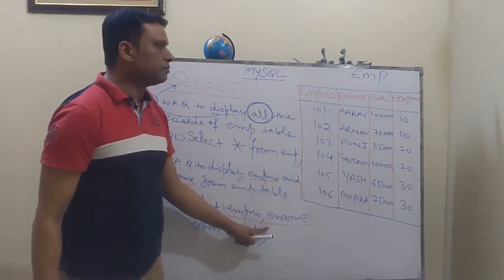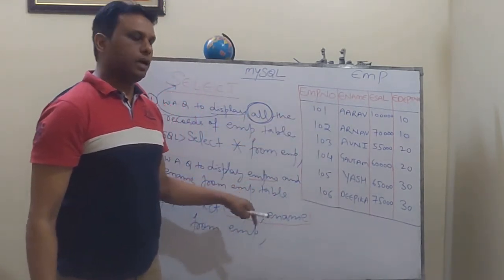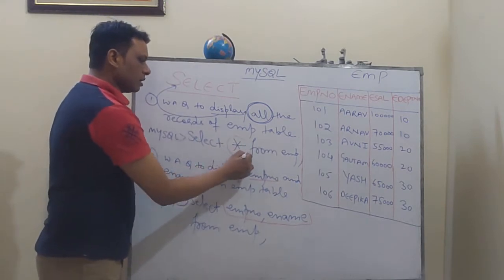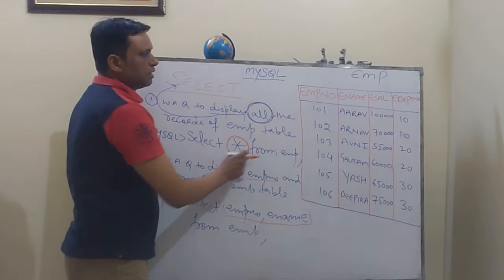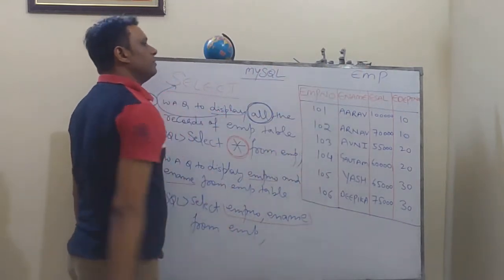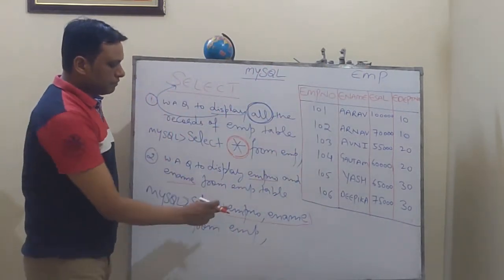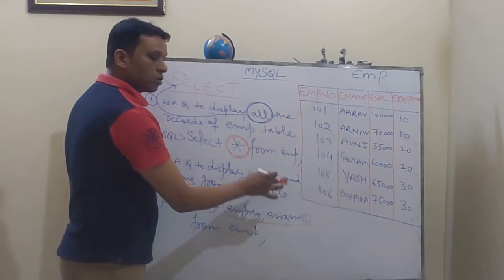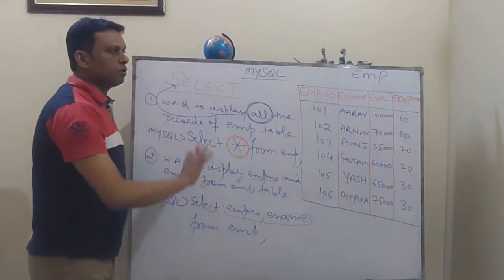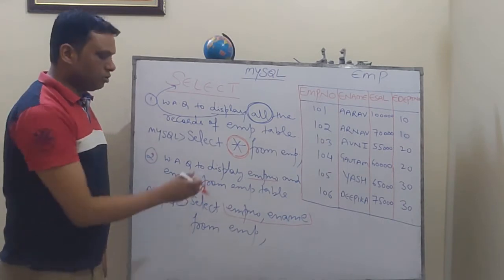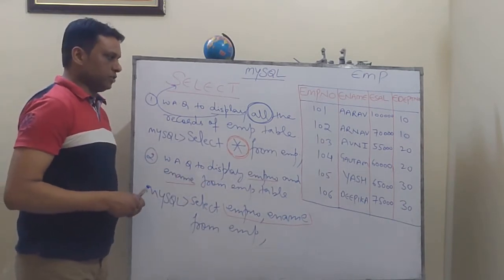These are the two column names which are given to you. In the previous query, there is a star. What is the difference between star and the name of the column? If you write star, you will get values from all the columns. But if you write particular column name or column names, then you will get values of only these columns, not all the columns. I hope it is clear. Now, next query.